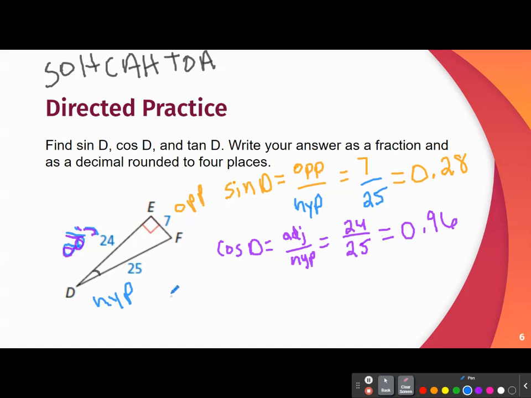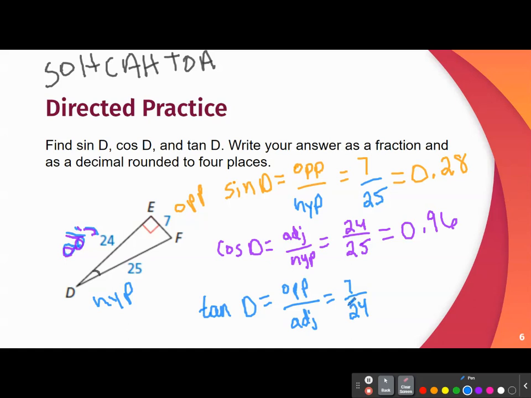And the last one, let's do tangent of D. Tangent of D, what is the formula for tangent of D, Sydney? Opposite over adjacent. And Bailey, what would be my fraction that I put here? 7 over 24. Maddie, can I reduce 7 over 24?